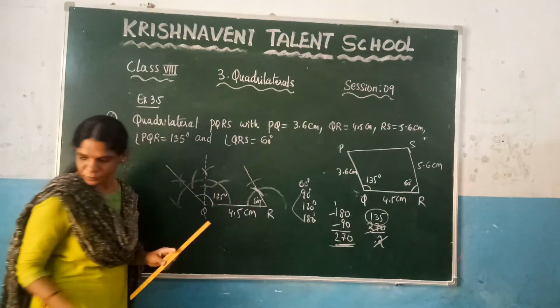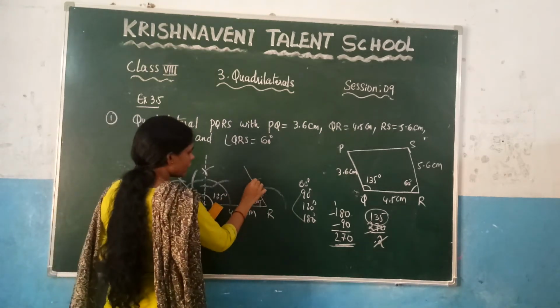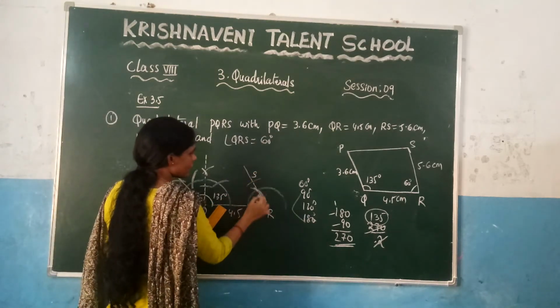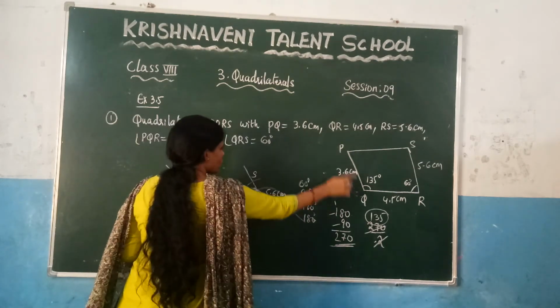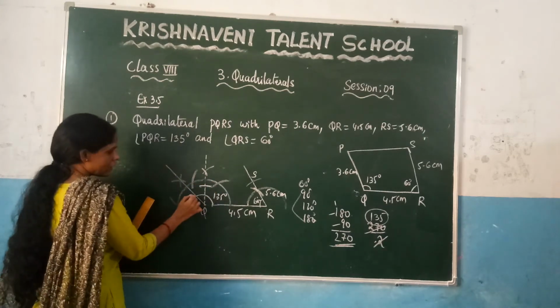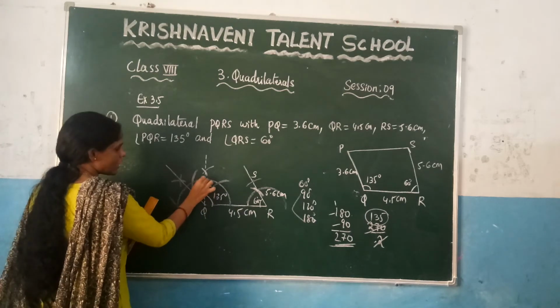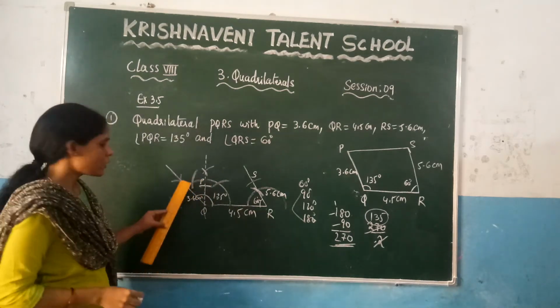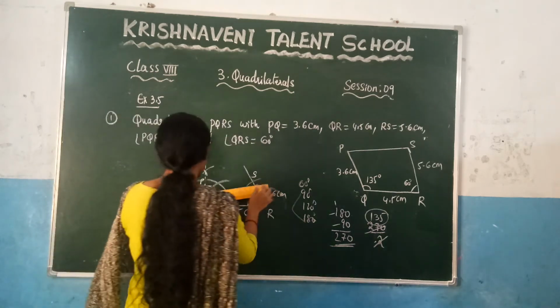So that we got one intersection point, name it as S, and you know that this length we have drawn is 5.6. And just now we have drawn one arc. This is the arc, right? And that one, which is nothing but 3.6 centimeters, name this one as P. Now we got P vertex and we got the S vertex. Now you can join those two vertices with the help of the line segment.